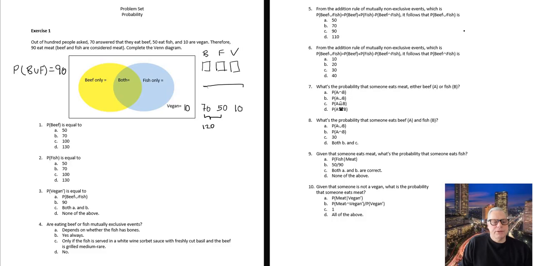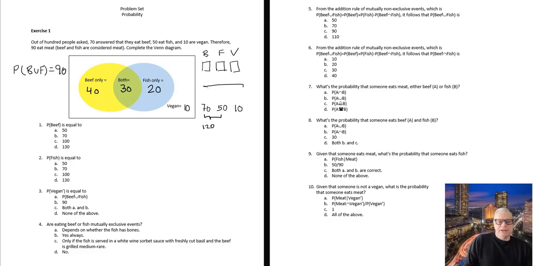So that means that 30 must have said that they eat both. So that means 30 must have checked both beef and fish. And that means beef only, that's 40, and fish only, that would be 20.